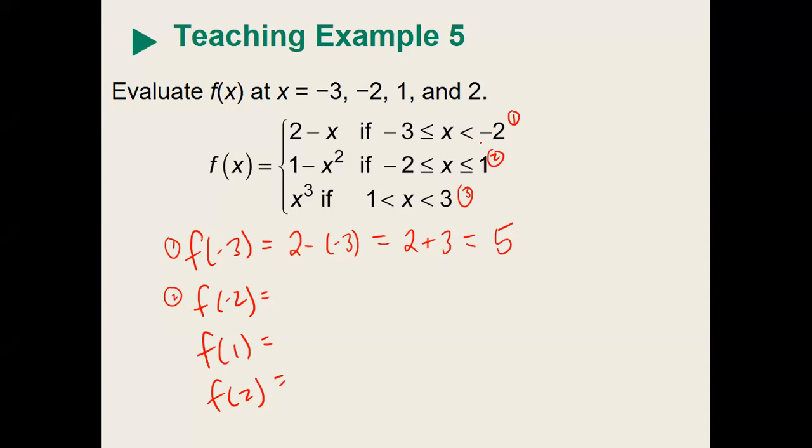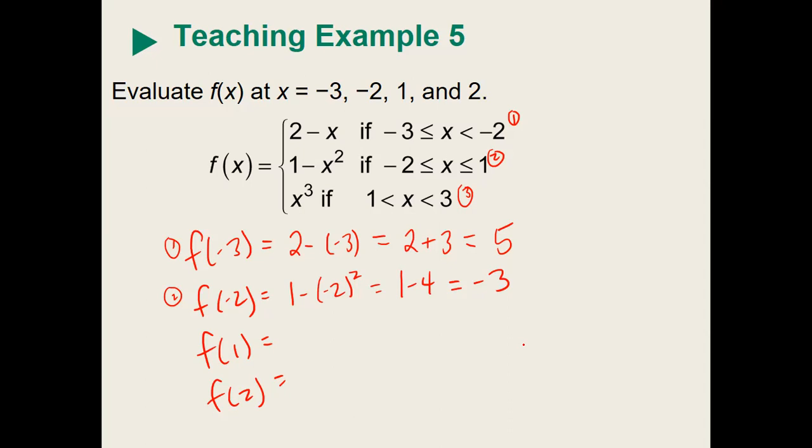No, so it's not included on that interval. But it's equal here, so it's included on this interval. Remember, you have to pay attention to your equal signs. So we're going to use interval 2. That gives us 1 minus -2 squared, which equals 1 minus 4, which equals -3.